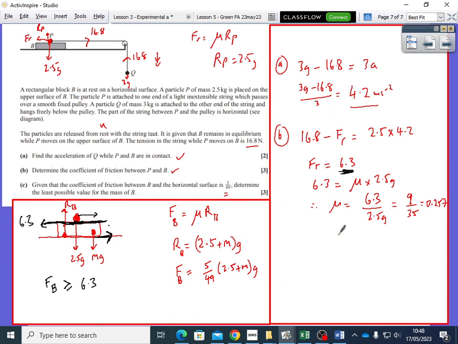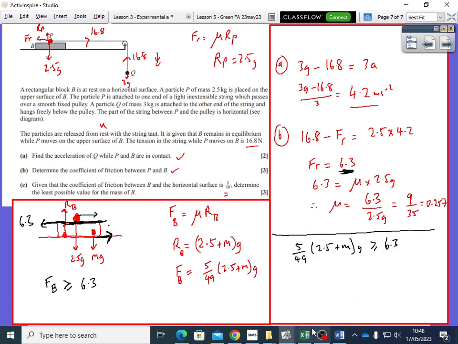Okay, so let's just put a line here, work that out. So that is F of B, so we've got 5 over 49 multiplied by 2.5 plus mg is going to be greater than or equal to 6.3 for it to stay stationary.